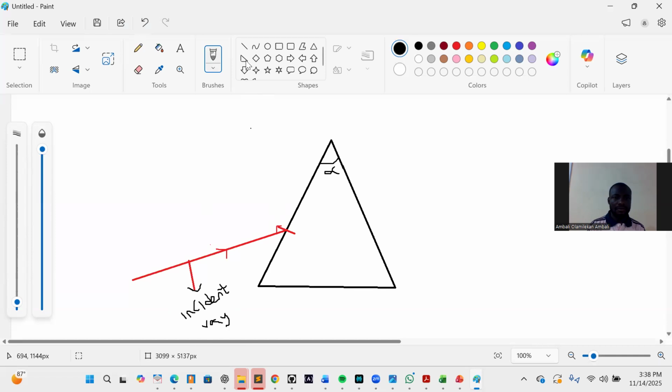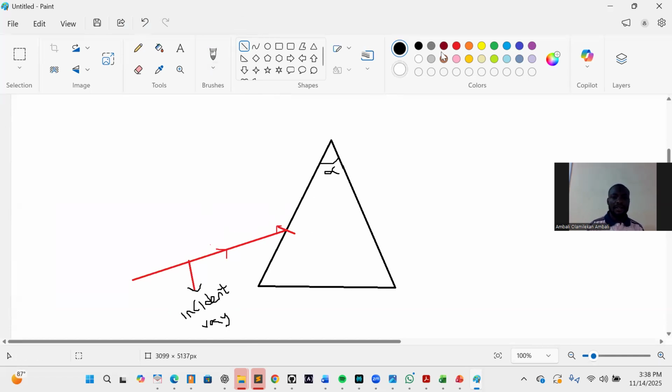That's the angle of incidence. Since it's moving from a less dense to a denser medium, it's going to move toward the normal.